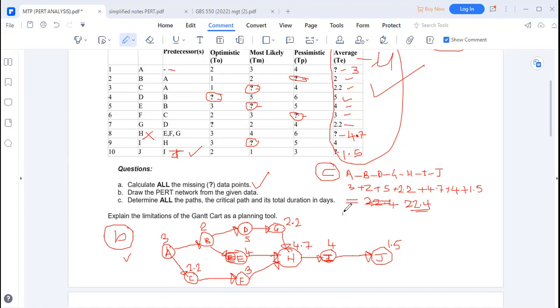So this time around, A getting to B, then getting to E, then getting to H, then getting to I, then getting to J. So it will be 3 plus 2, then plus 4, then plus 4.7, then plus 4, plus 1.5. So we can get the value there.